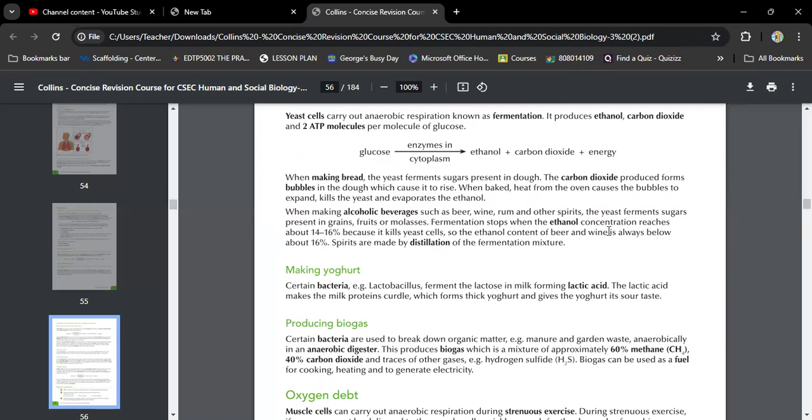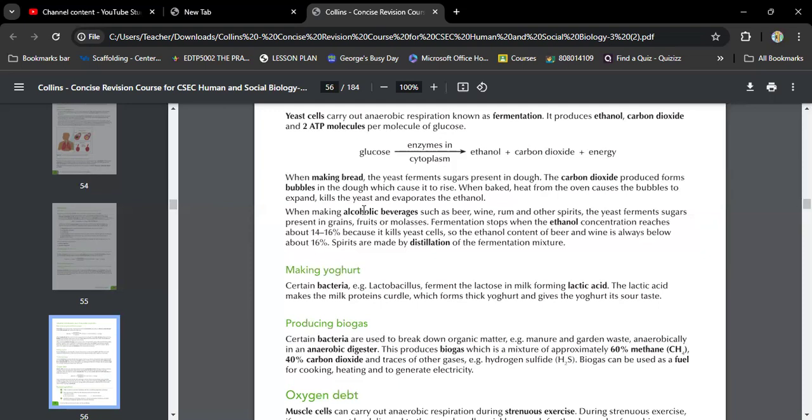When baked, the heat from the oven causes the bubbles to expand, which kills the yeast and evaporates the ethanol, right? So part of the fermentation process, as indicated, is that alcohol is produced. That's how alcohol is even made in the first place, right? It's the fermentation of fruits, which contain a certain amount of sugar, right?